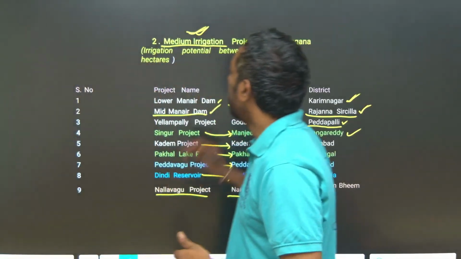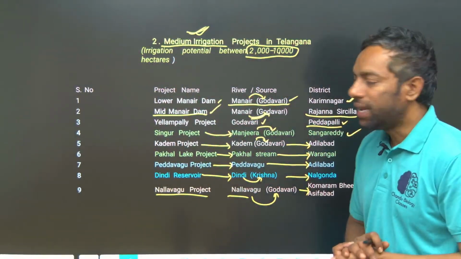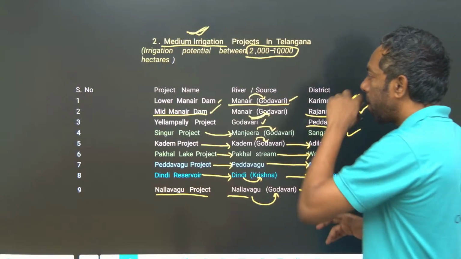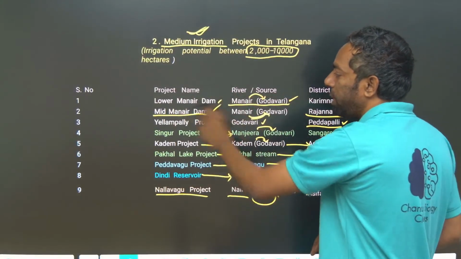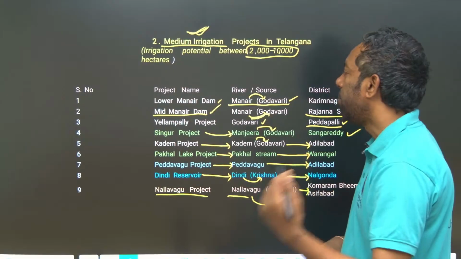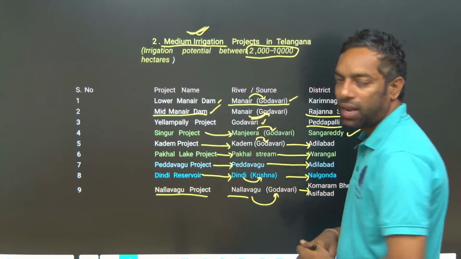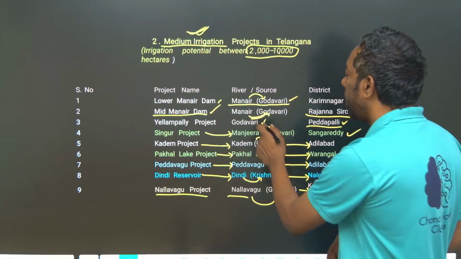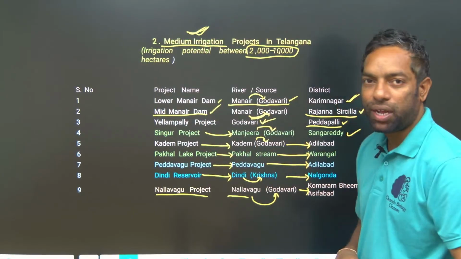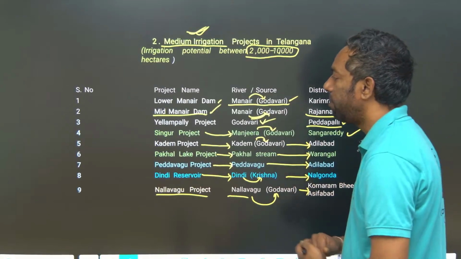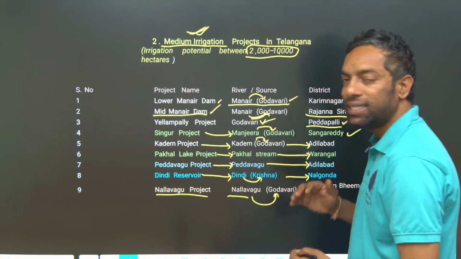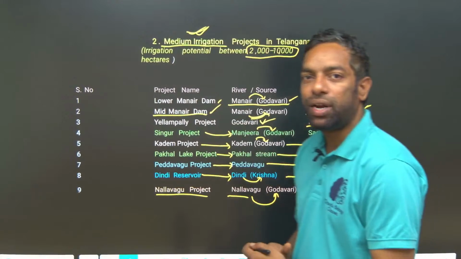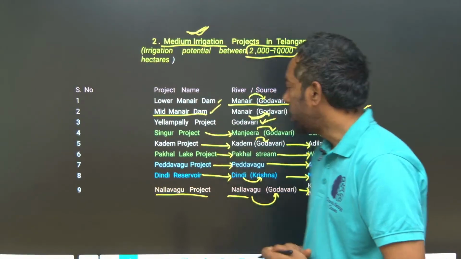These are the medium irrigation projects. Lower Maner and Mid Maner are on a tributary of the Godavari, and Ellampalli is completely on the Godavari, with no tributary, in Peddapalli. Singur project is on the Manjira river, a tributary of the Godavari.